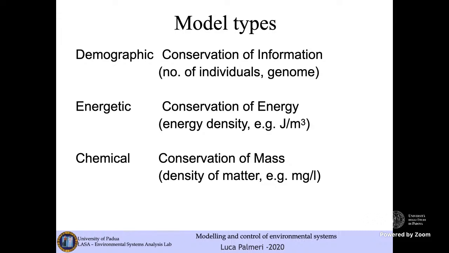Typically, in a demographic model, you have a kind of conservation of information, where the genome is propagated through a number of individuals. So the conservation law on which the demographic model is based is the conservation of information in the genetic code.